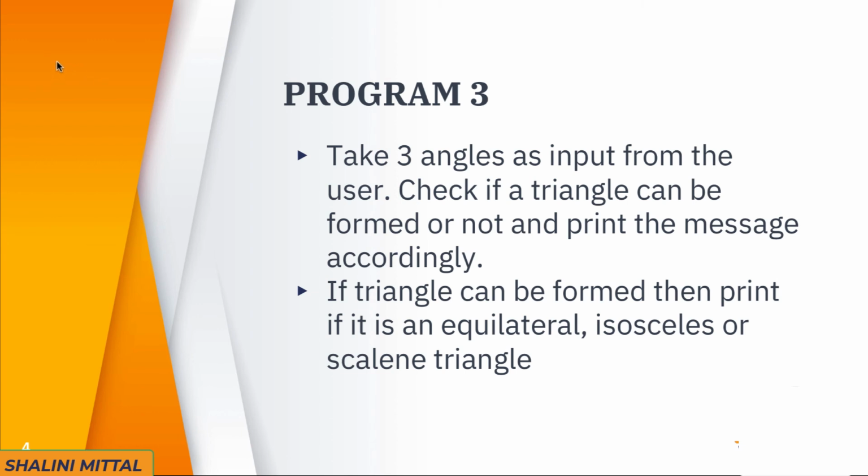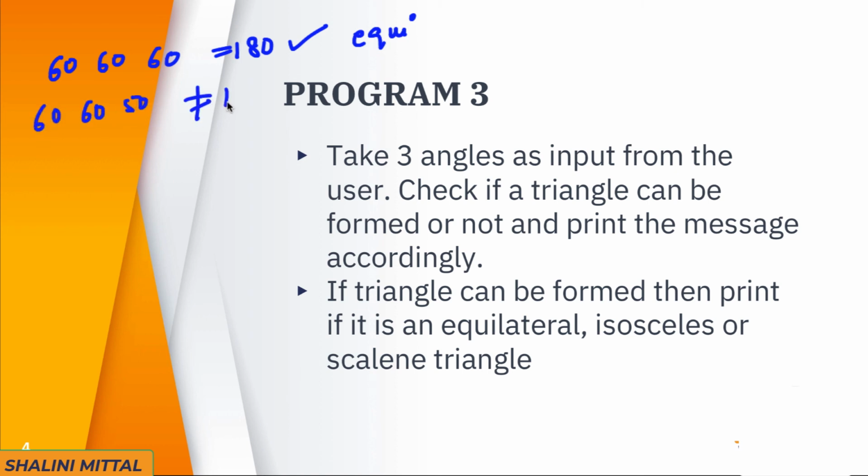So for example, I enter the values as 60, 60, 60. Sum is 180. Yes. All the angles are equal. Yes, it's an equilateral triangle. Okay. If I take angles as 60, 60, 50. Sum is not equal to 180. A triangle cannot be formed. If I take the values as 70, 70 and 40.